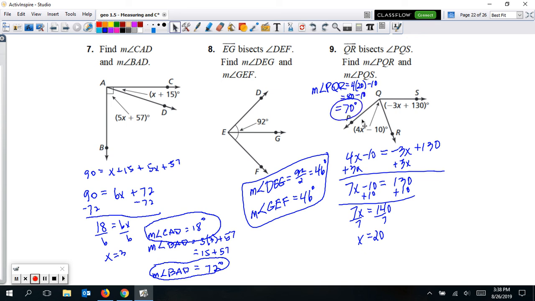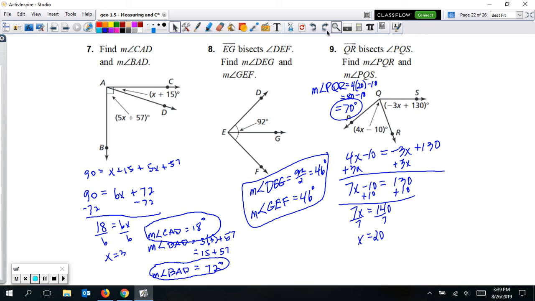So the measure of angle PQR is 70 degrees, which tells us the measure of this side over here, SQR. Sorry, it says find the measure of PQR here, and PQS. PQS is the bigger one. So of course this is going to be the same. This is 70 degrees over here on that side.